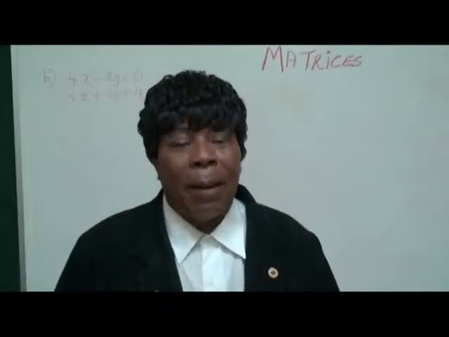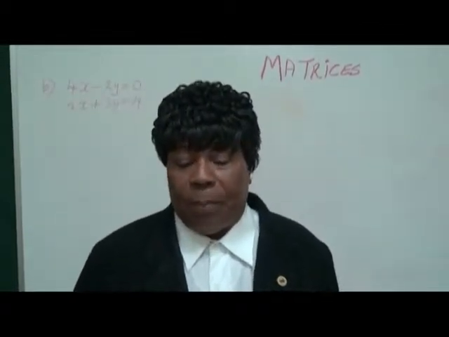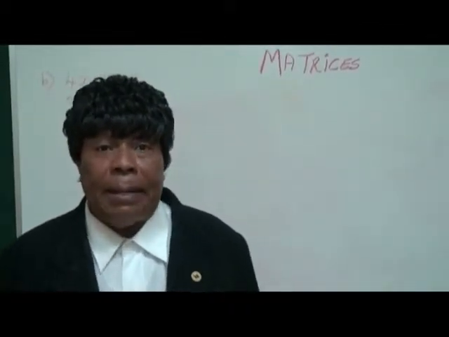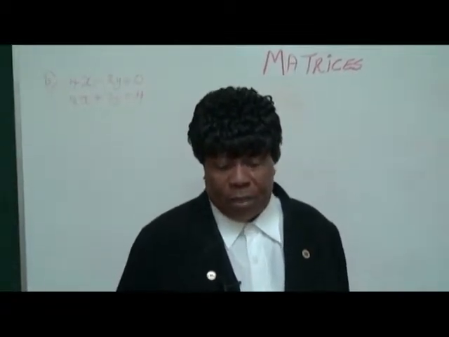All right, so we're back, okay? And again, we're expecting that you would have been with us from the beginning, and we know exactly what is being talked about in terms of matrices.